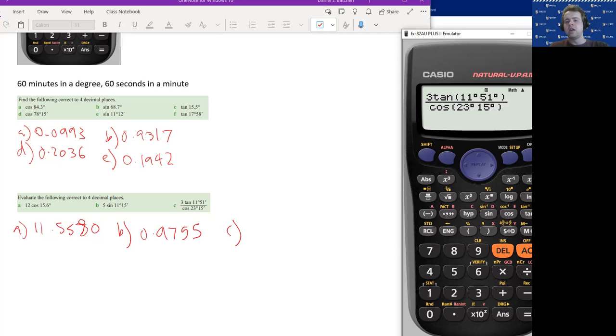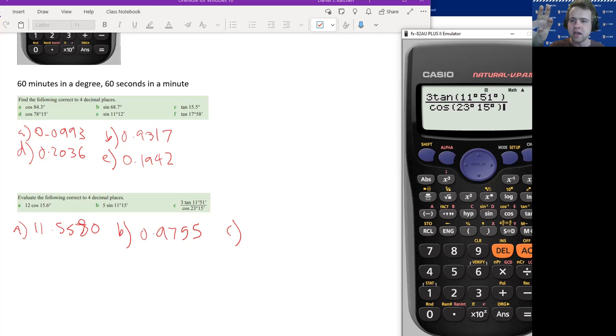What trig does, those sine, cos, tan functions, is they convert an angle into a ratio between two sides. We know that sine is the ratio of opposite over hypotenuse, cos is the ratio of adjacent over hypotenuse, and tan is the ratio of opposite over adjacent. So these numbers, 0 point whatever, are just a ratio between two sides given a particular angle.